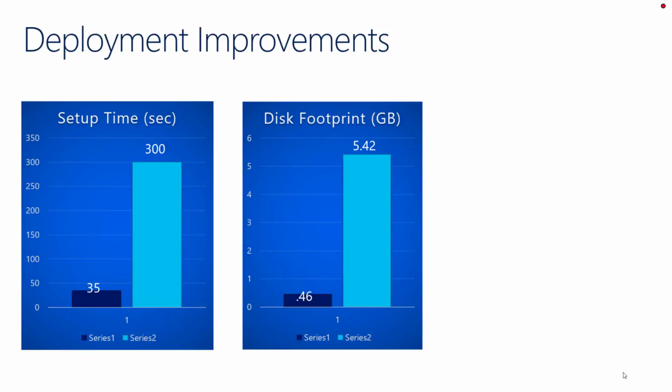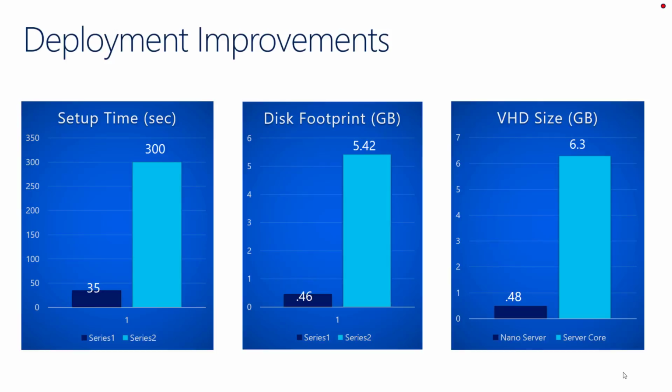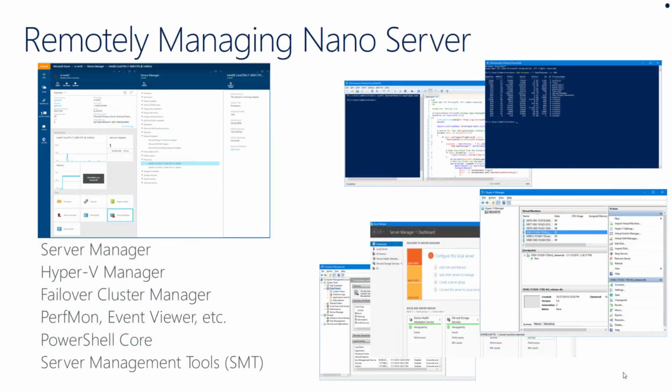Disk footprint drops down to below half a gig in size. So we're talking 460 megabytes. Or if we want to virtualize that, then it creeps up to 480 megabytes if we're putting it inside of a VHD file. So you can see here that we've got absolutely massive savings in terms of disk space, in terms of the services that are running, in terms of the patching. So this really gives you an idea of some of the benefits that you'll see with NanoServer as you start deploying that.